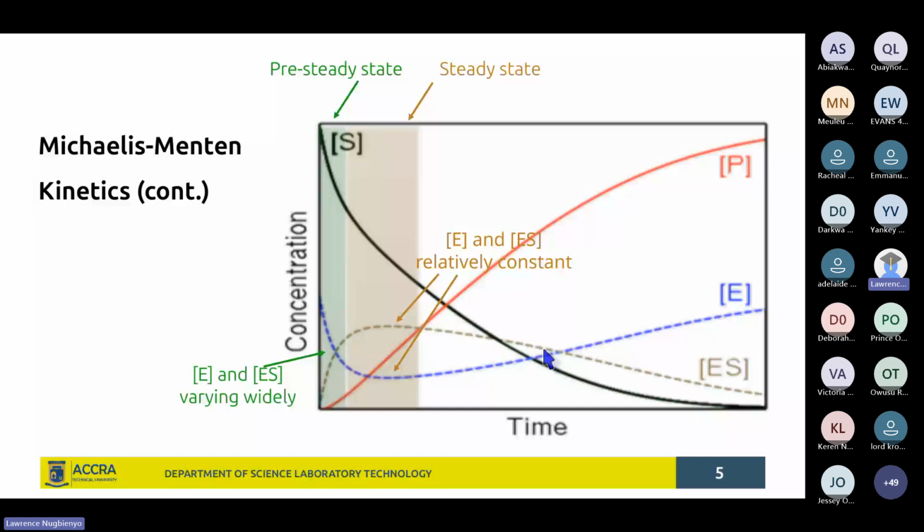And so gradually you have the transition state, which is the enzyme substrate complex, reducing until you get to zero concentration.